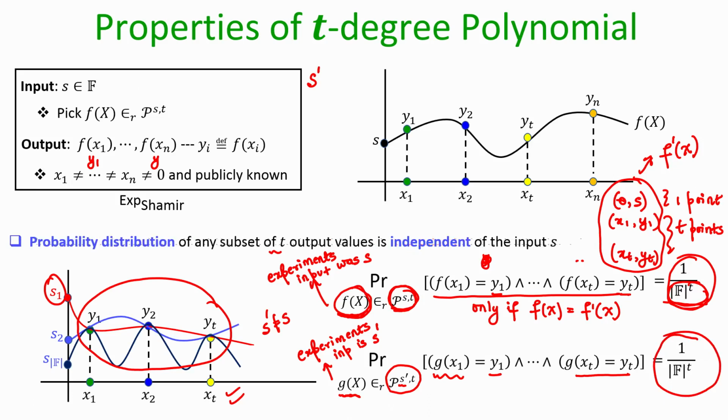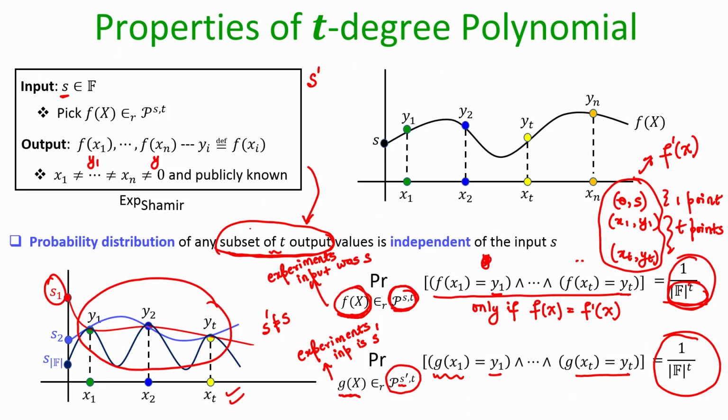That means, what we have formally proved here is that in this experiment, if I just give you any subset of t output values, I do not give you the full vector of n output values, I run the experiment with some private input, but I give you only a partial subset of the output, namely, you tell me which t output values you want, I will give you those t output values.